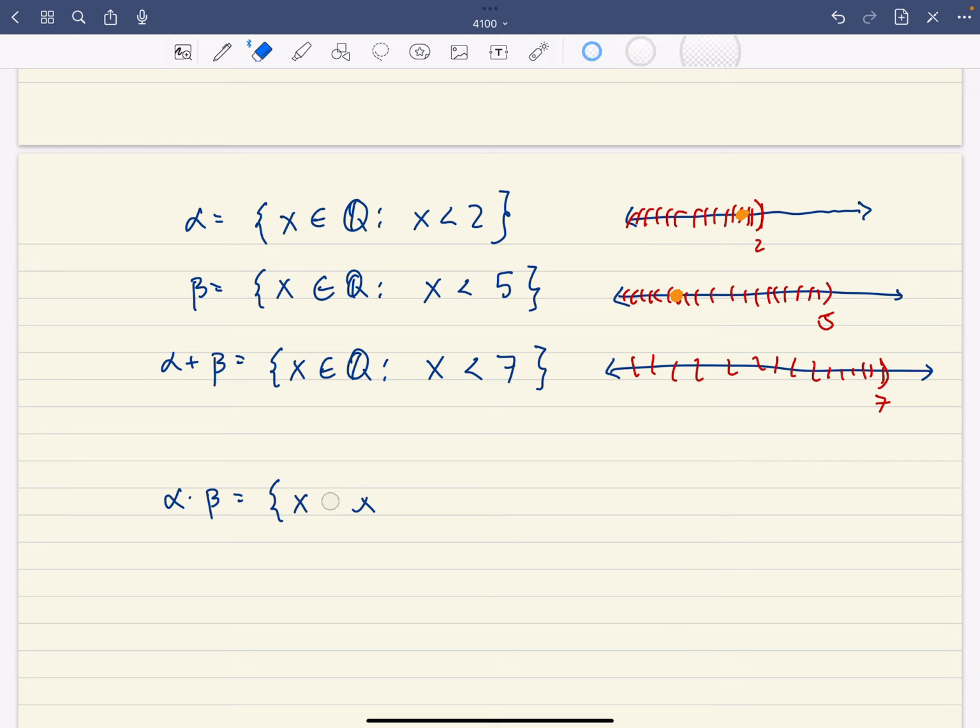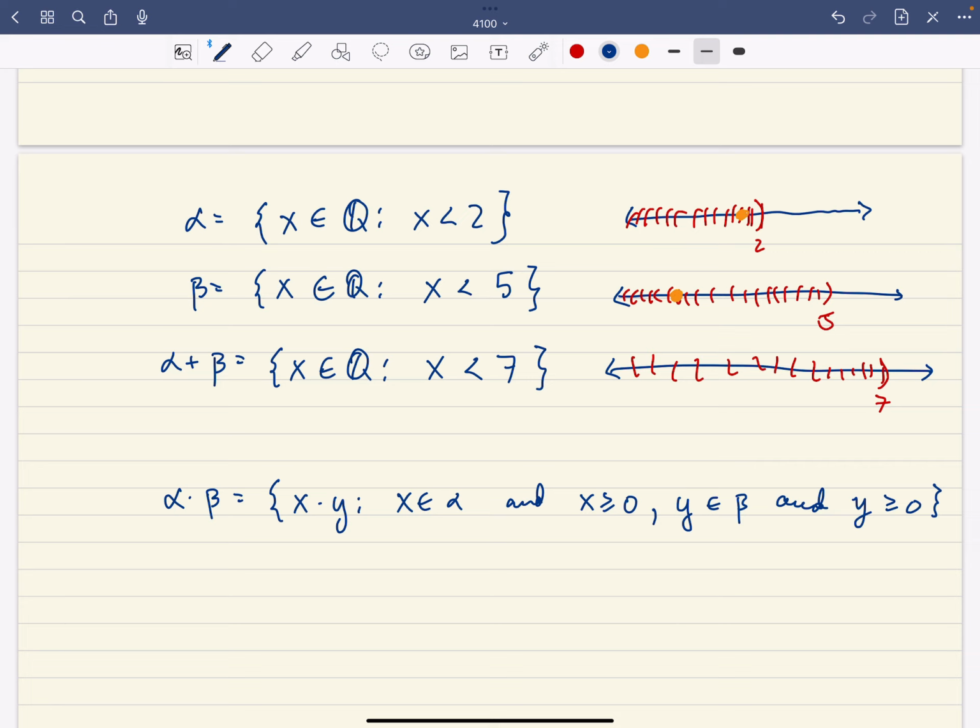then the product of the cuts alpha and beta is going to be the set of products x times y, where x is in alpha and x is greater than or equal to 0, y is in beta and y is greater than or equal to 0.